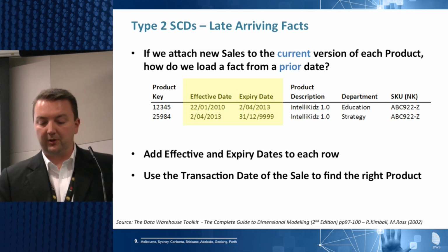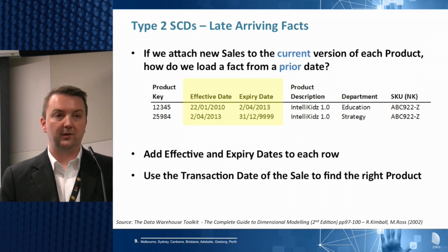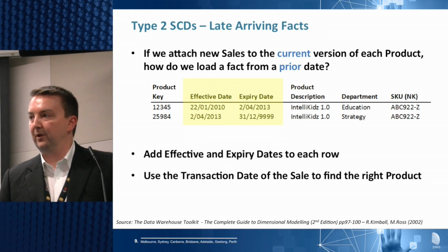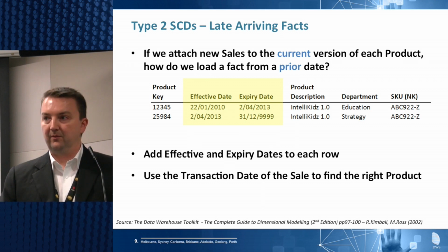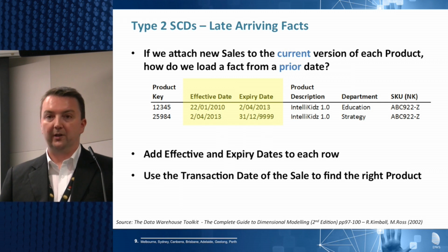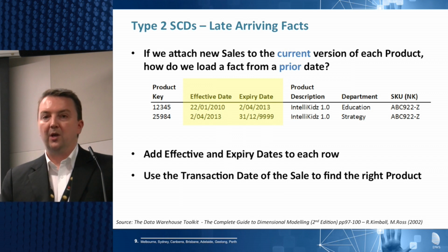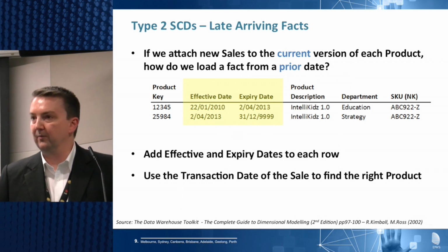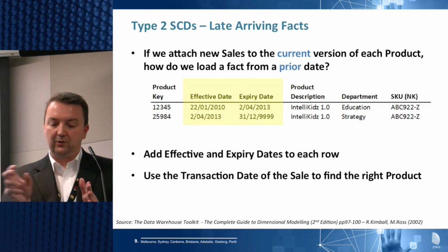When we got the new row in this example on the 2nd of April, we updated the expiry date of the old row, inserted the new row with an effective date the same as that expiry date, and then end dated the new row at 31/12/9999. If in a week's time we got another new row, we would end date the current row and then insert a brand new row.